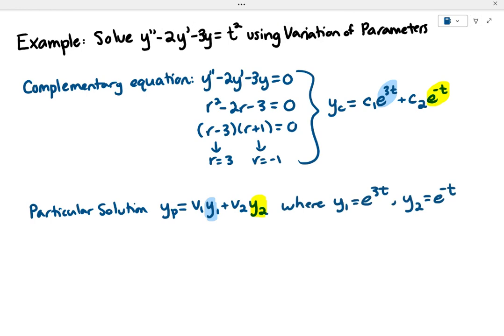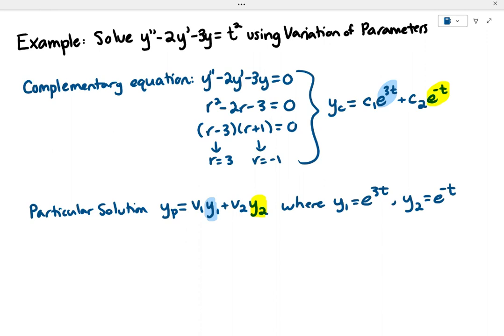The long way to do variation of parameters would be to now find formulas for the first and second derivatives, plug them into the original differential equation, and then find v1 and v2. This process involves solving a system of equations.